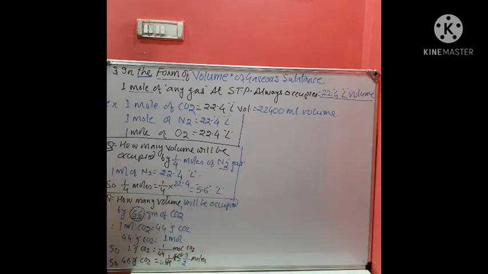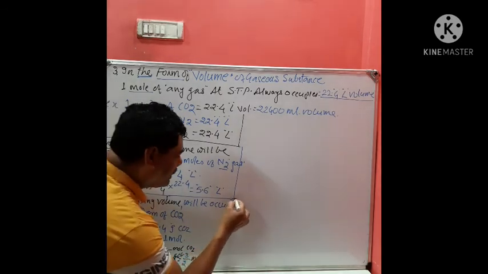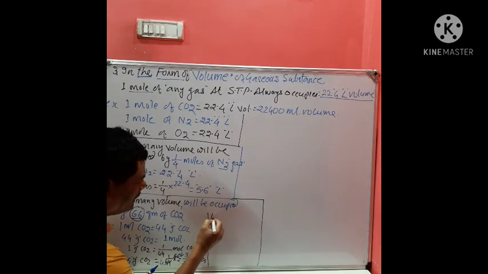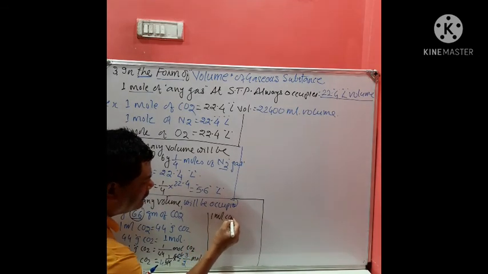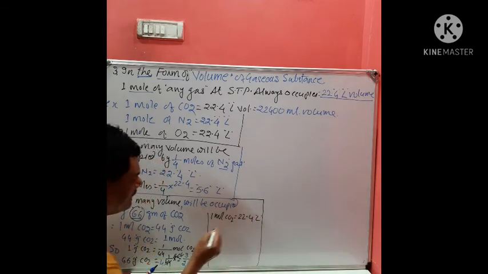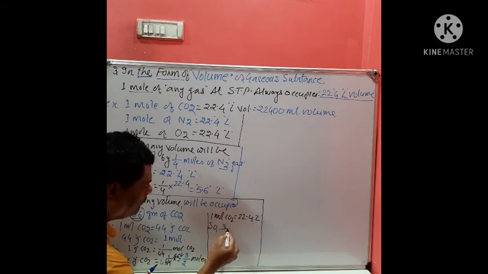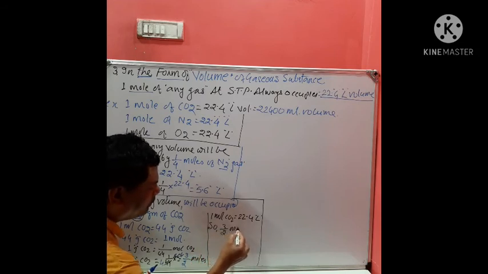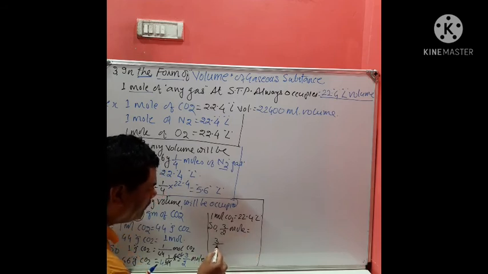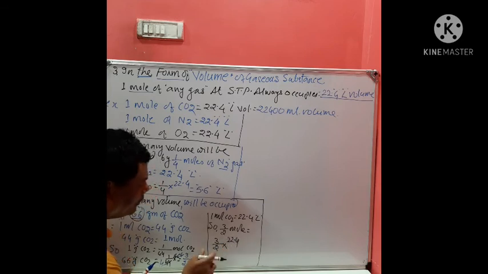3/2 moles. Now how to convert it? 1 mole CO2 is equal to how many liter? 22.4 liter. So 3/2 moles is equal to 3/2 multiplied by 22.4.